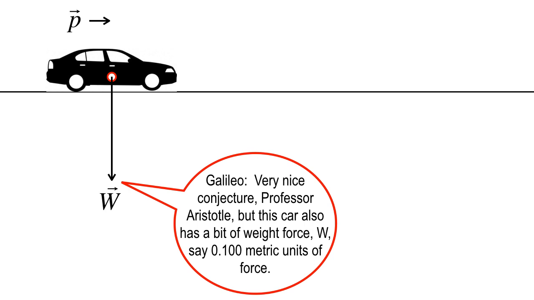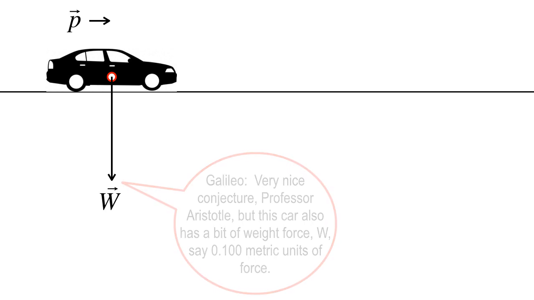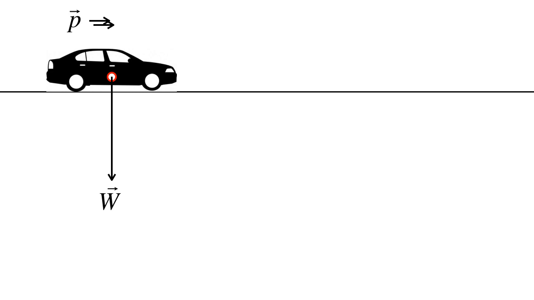Now, I measured out these arrows, and they are in a ratio of 5:1. The weight force is 5 times longer than the push force arrow. It might not look like it, but it is. And so Galileo said, look, take that, copy the push force, copy the weight force, and make them into a right triangle like this.